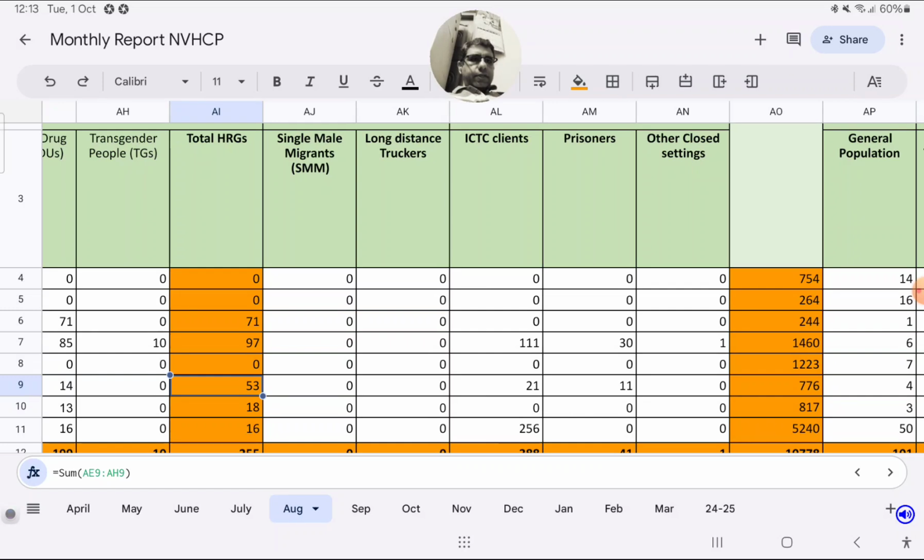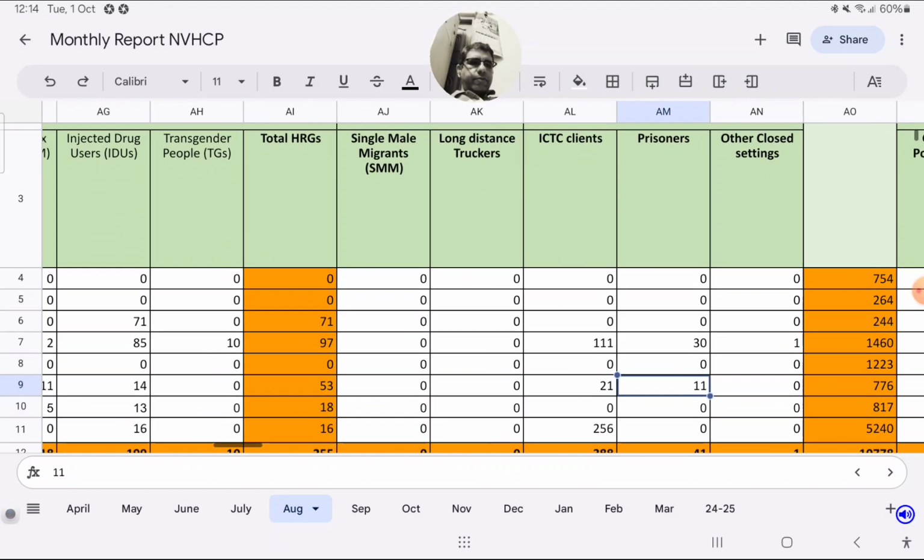Then with this 53, also single male migrants or SMF, long distance truckers 0, ICTC client 21, prisoners 11, and other closed settings 0. So they will be added. So 53 plus 21 plus 11: 53 plus 11 is 64, plus 20 is 84, and 1, so it comes up to 85.